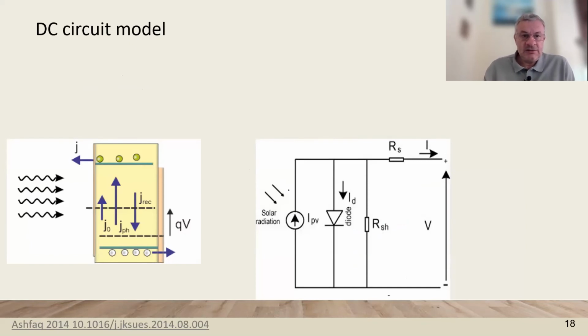The solar cell is operated by light and voltage. It can be represented by an electrical model in which we have the current source, which represents photogeneration. The diode is the internal recombination current, and two additional elements, a parallel or shunt and series resistances.